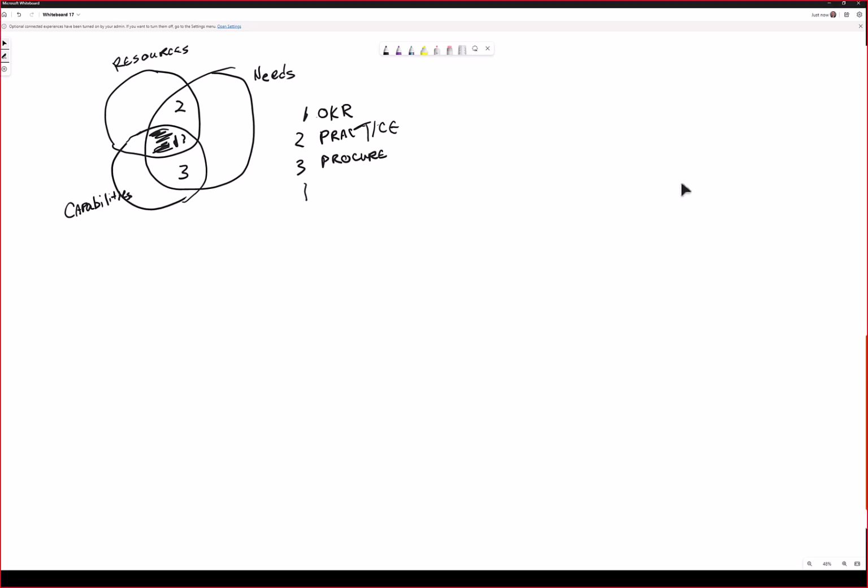With the number 4, that is where we have resources and we have capabilities, but we don't have needs. So I'll call that patience.